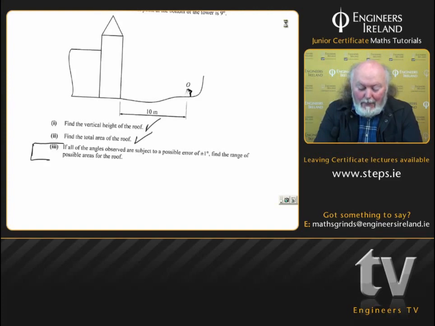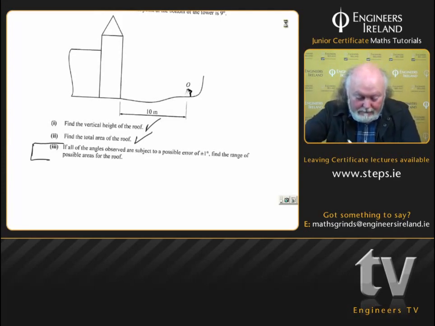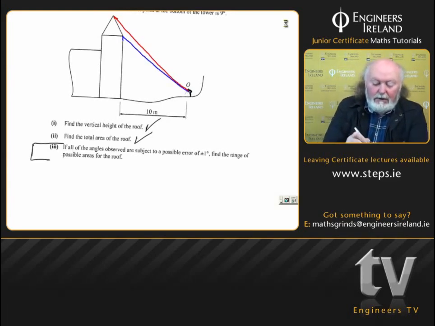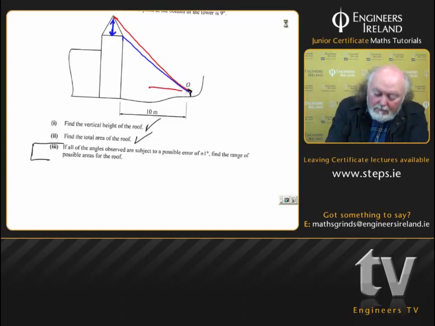Well, again, a simple drawing will solve this for you. If we look at the situation, we managed to work out that height based on 46 degrees, this one having been, and the blue one being 42.